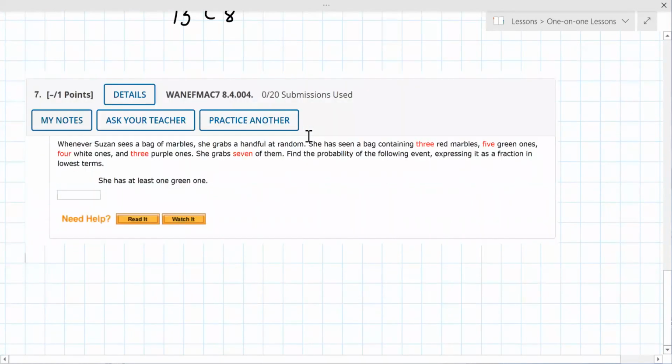Okay, so this one's asking for at least one green. Okay, so that means she could have one green, two greens, three greens, four greens, or five greens. And if we had to do each one of these, that's really long.